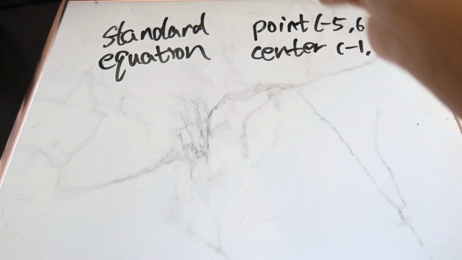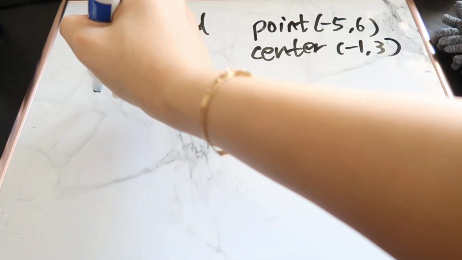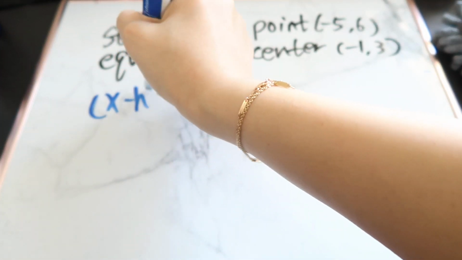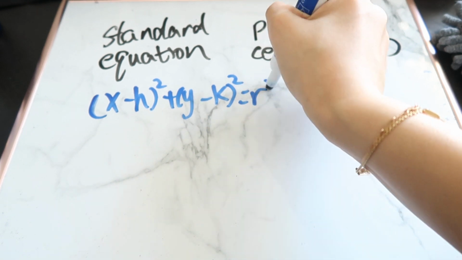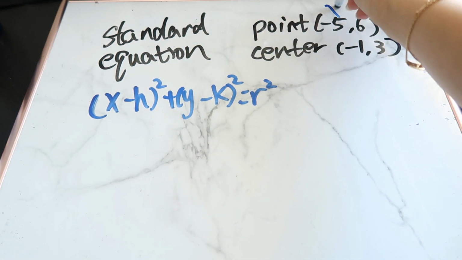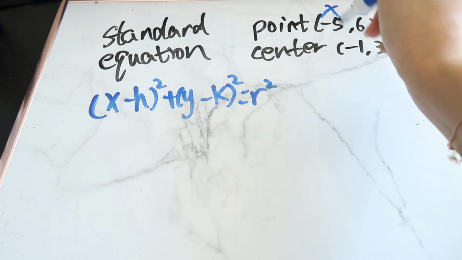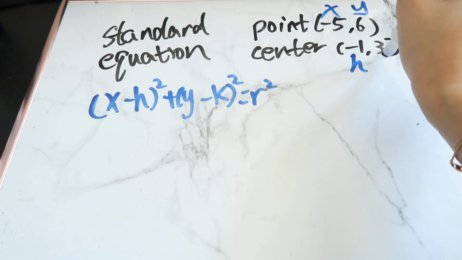So here our step 1 would be (x minus h) squared plus (y minus k) squared equals r squared. This is our x, y, and this is h, this is k.